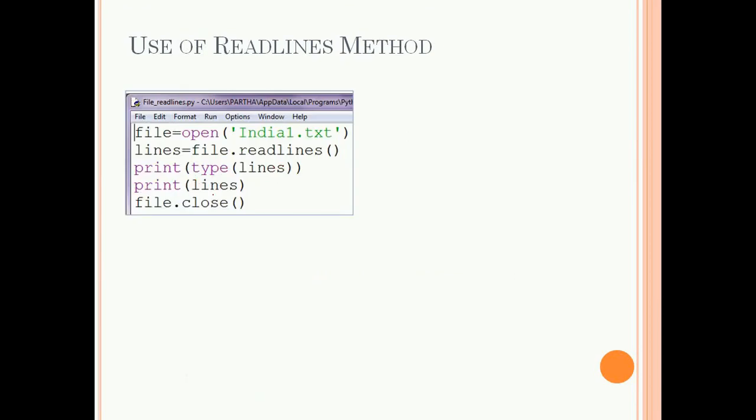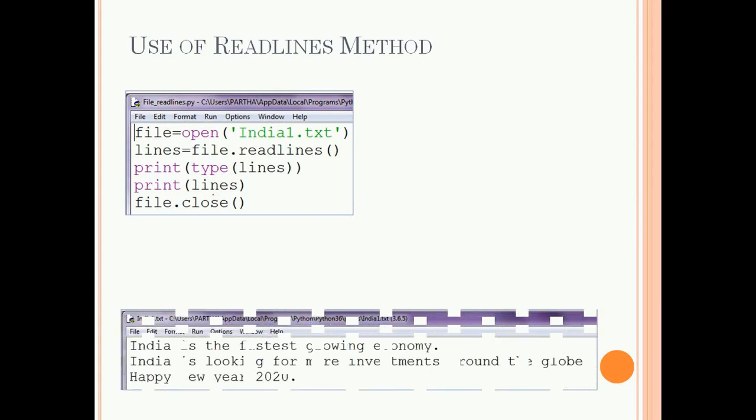Now I am going to explain the readlines method. As I have told you earlier, the readlines method will read the entire text file as a list of lines. This is the file india1.txt. We are going to read this text file.